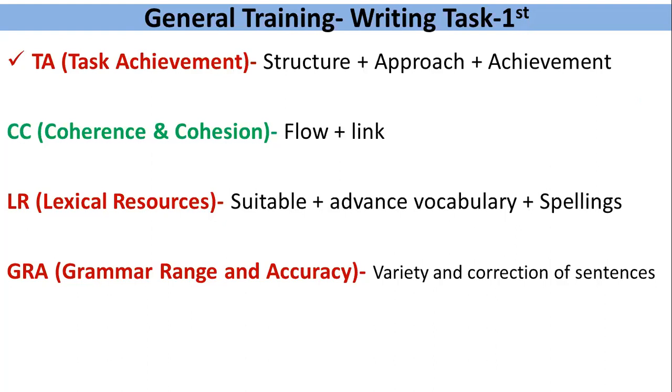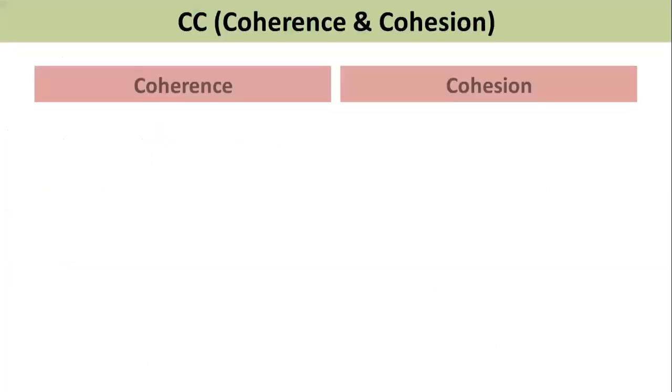Sorry, I can't teach because it really affects the performance of the students. The reason I will tell you, don't worry, I will justify my words. It is not just misleading information. I will tell you why it is not suitable for you to learn lexical and grammatical range and accuracy from someone. If you learn on your own, it would be okay. But if you learn from someone, it is definitely going to get worse. Okay, let's continue.